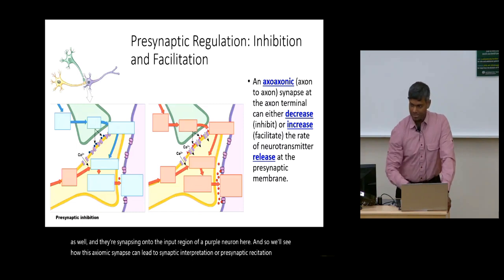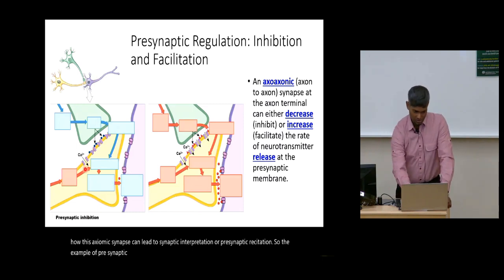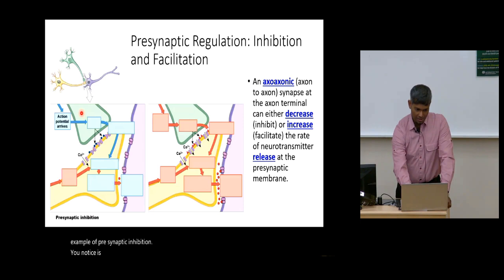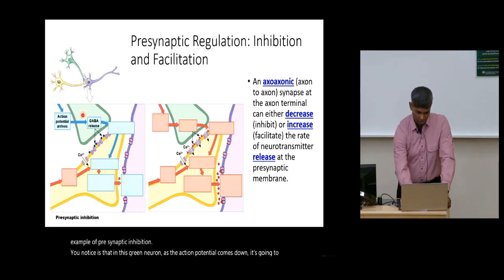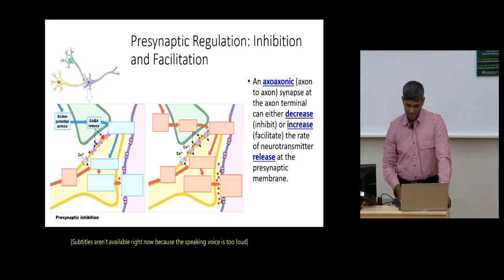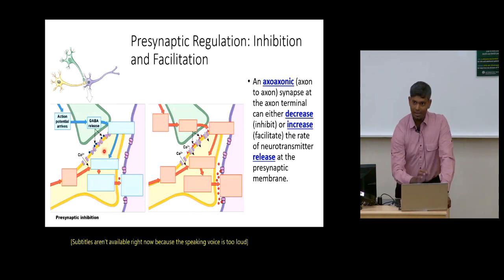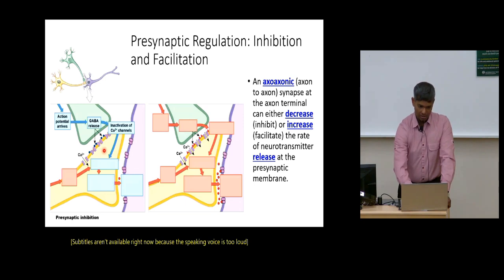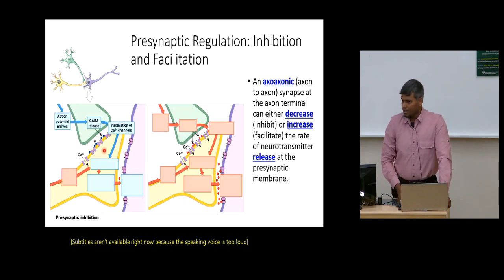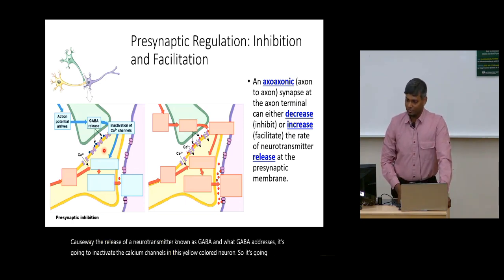In the example of presynaptic inhibition, what you notice is that in this green neuron, as the action potential comes down, it's going to cause the release of a neurotransmitter known as GABA. What GABA does is inactivate the calcium channels in this yellow neuron.